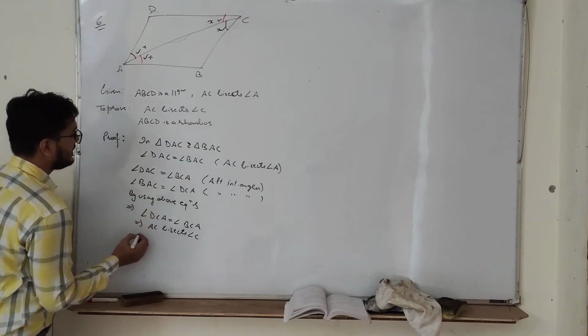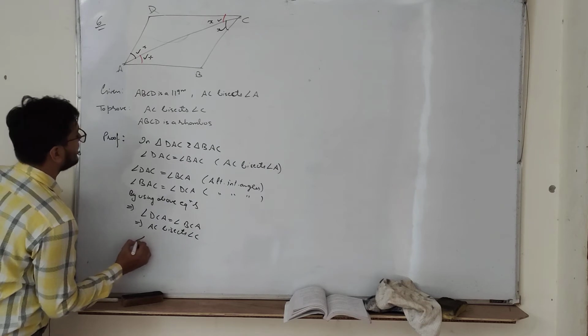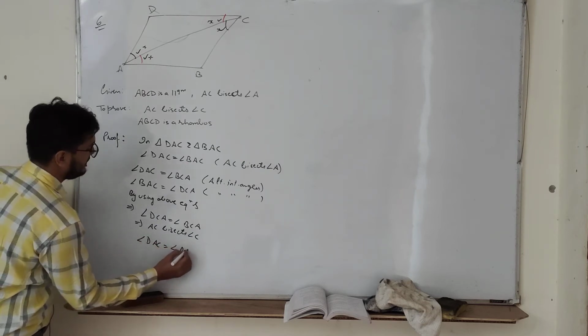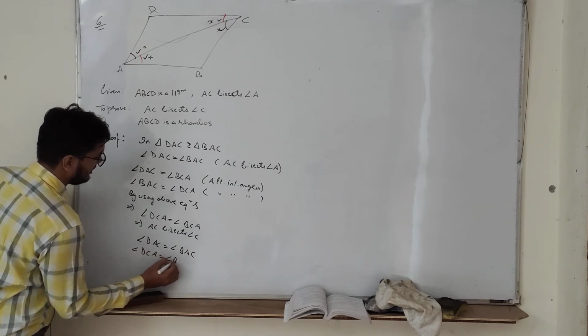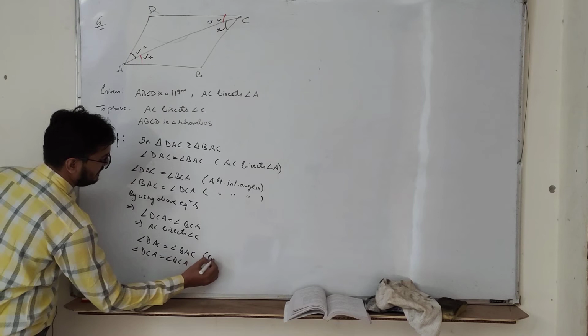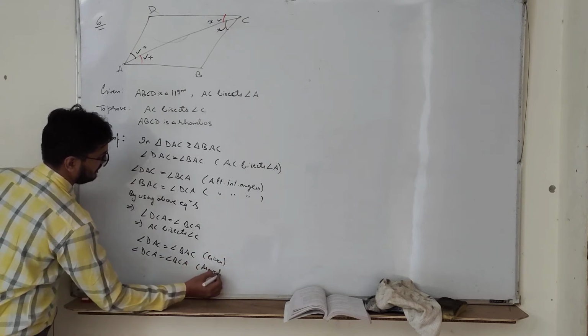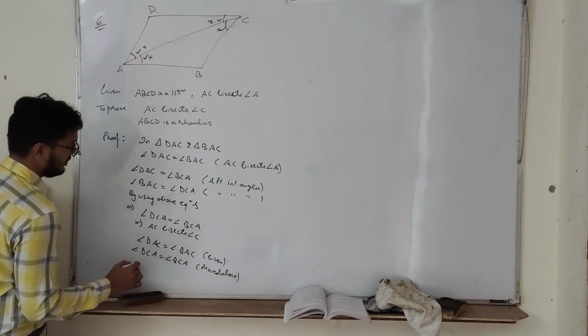So in triangle DAC and triangle BAC, we know that angle DAC is equal to angle BAC and angle DCA is equal to angle BCA. This is given, proved above. And also AC is equal to AC, common.